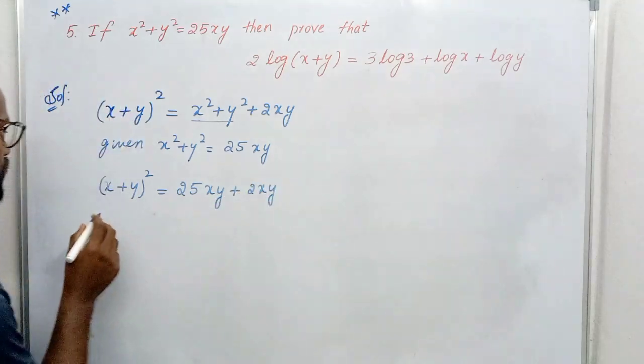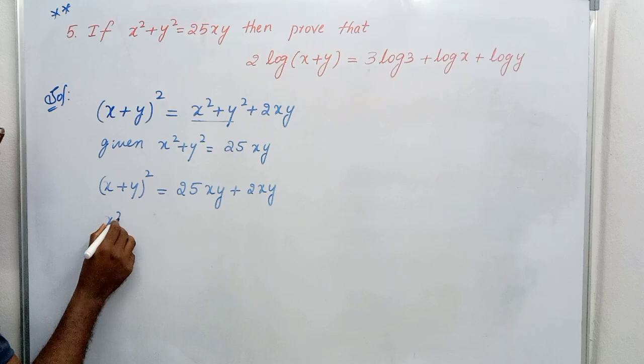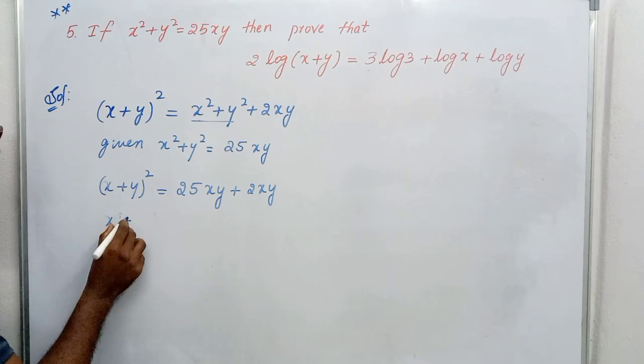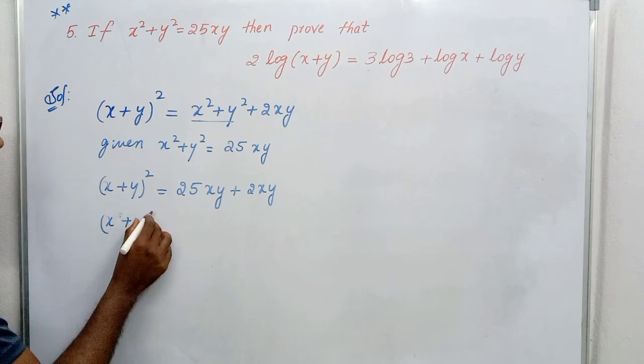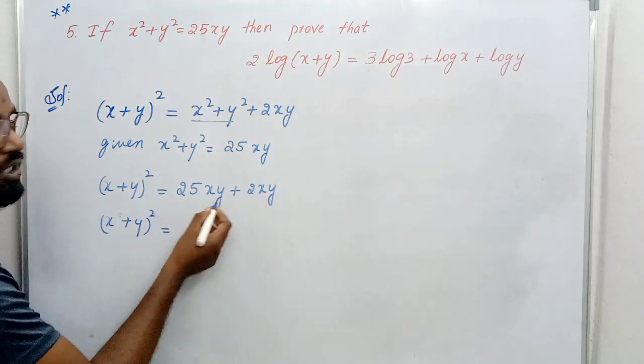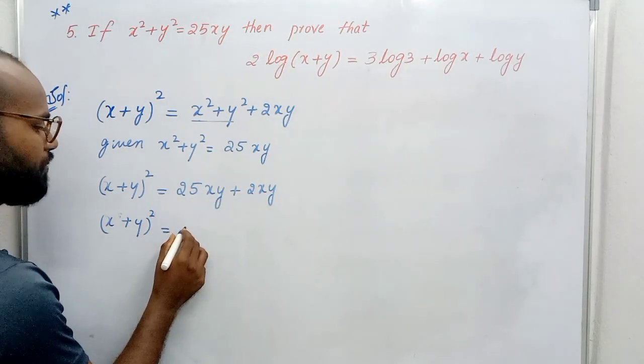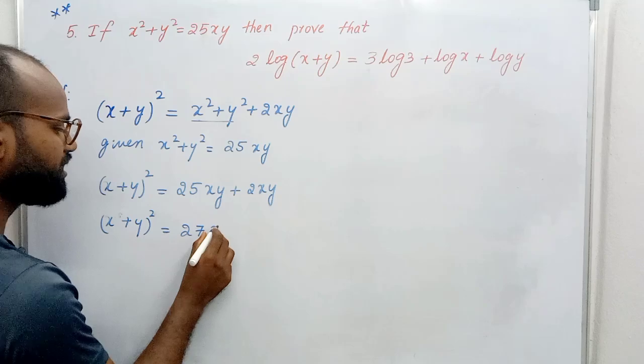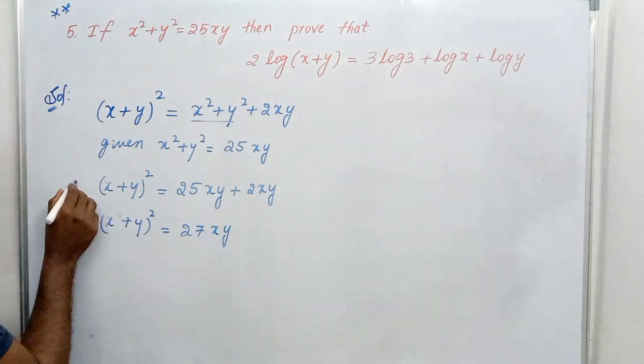Now x plus y whole square equals 25 plus 2, here the variables are the same, like terms. So 25 plus 2 is nothing but 27xy, right?